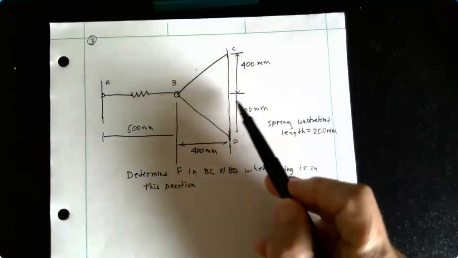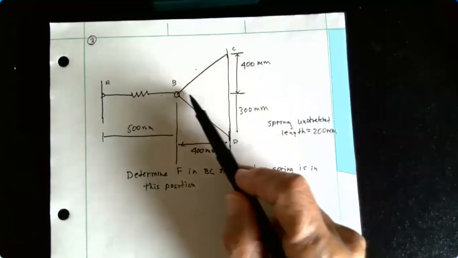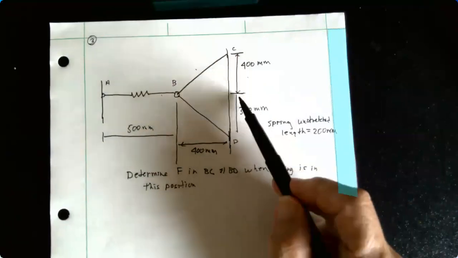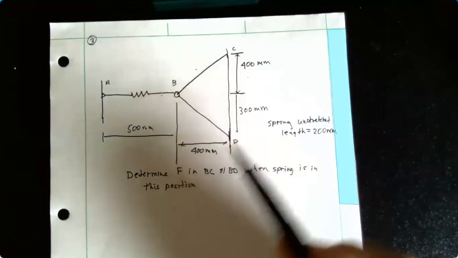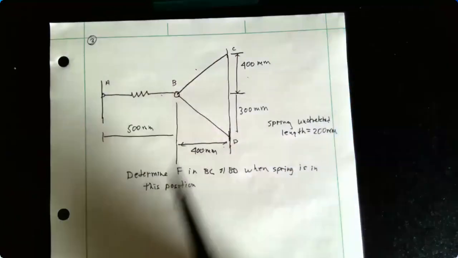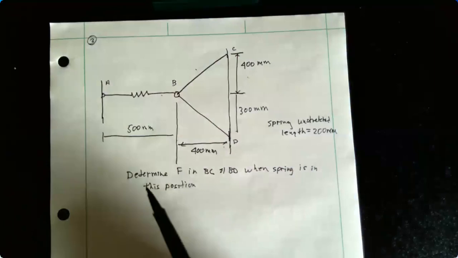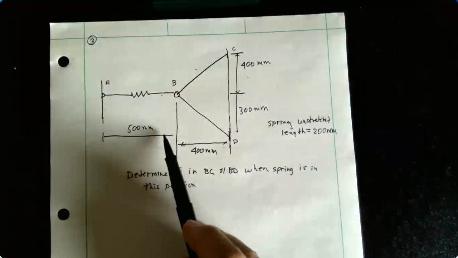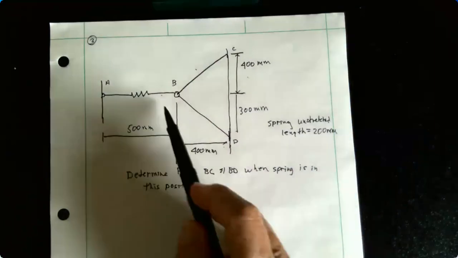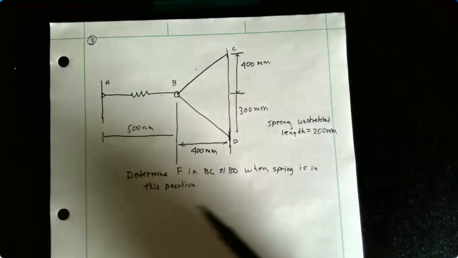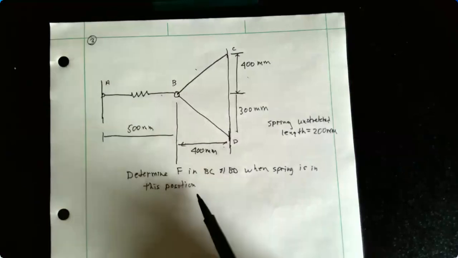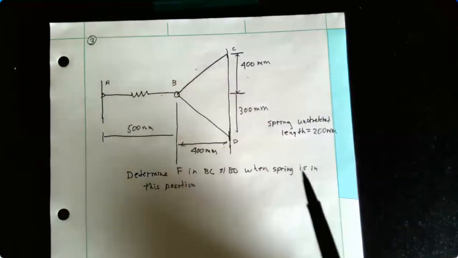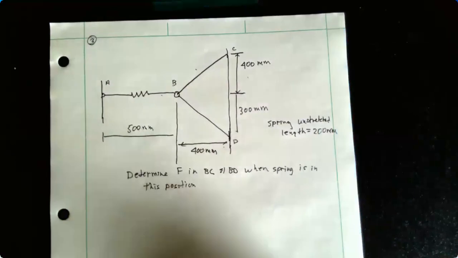We're given dimensions. This dimension is 400 millimeters. This is 300 millimeters this way for this dimension. And it's 400 millimeters across here. This is the stretched length of the spring. And what we want to know is the force in BC and BD when the spring is in this position.